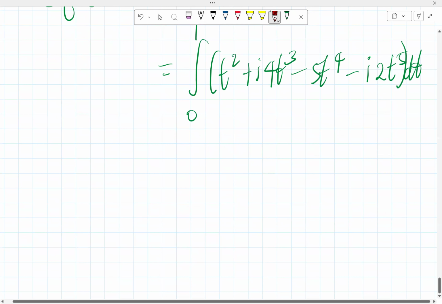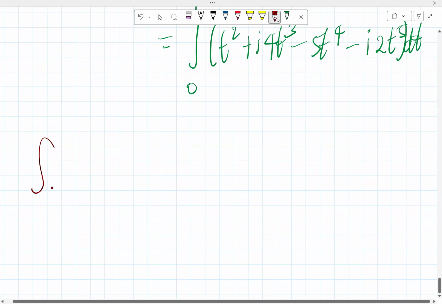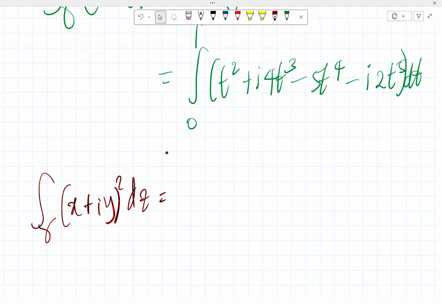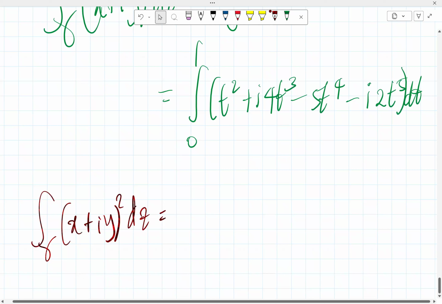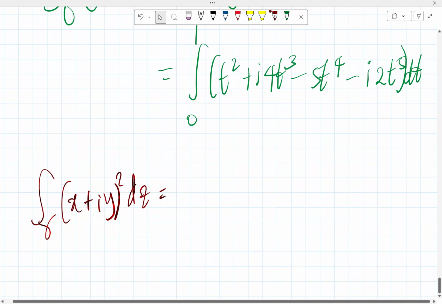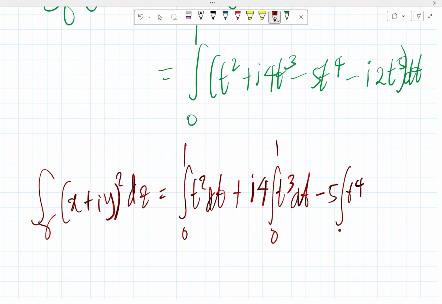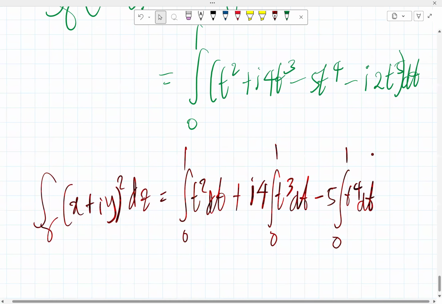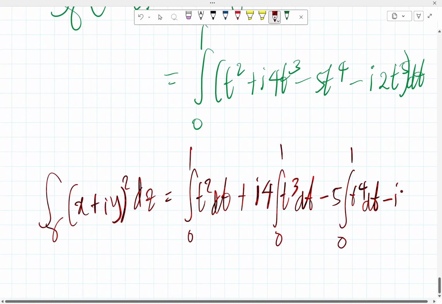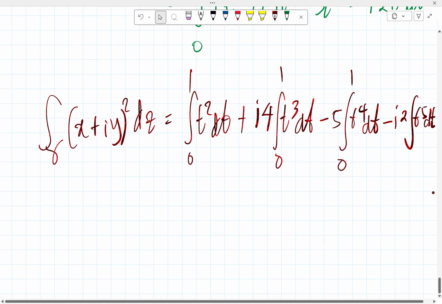This means the integral over gamma of (x + iy)² dz is equal to, integrating term by term, the integral from 0 to 1 of t² dt plus, in fact, I'll move out the constants immediately, i4 times the integral of t³ from 0 to 1 dt, minus 5 times the integral of t⁴ from 0 to 1 dt, minus i2 times the integral of t⁵ dt. We do that one after the other.